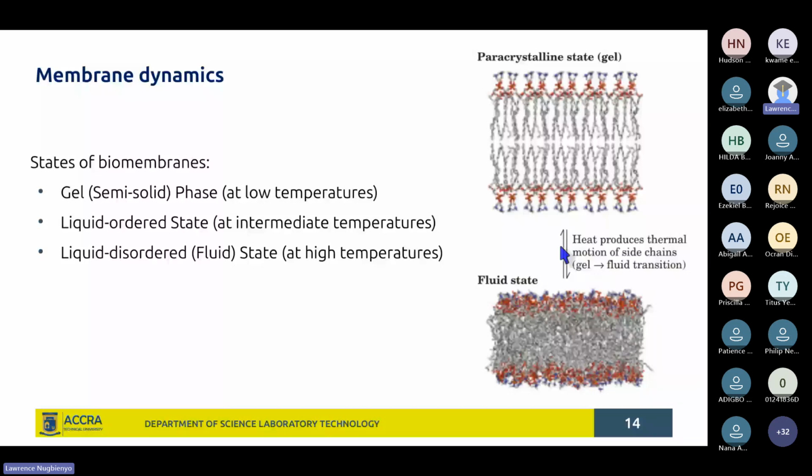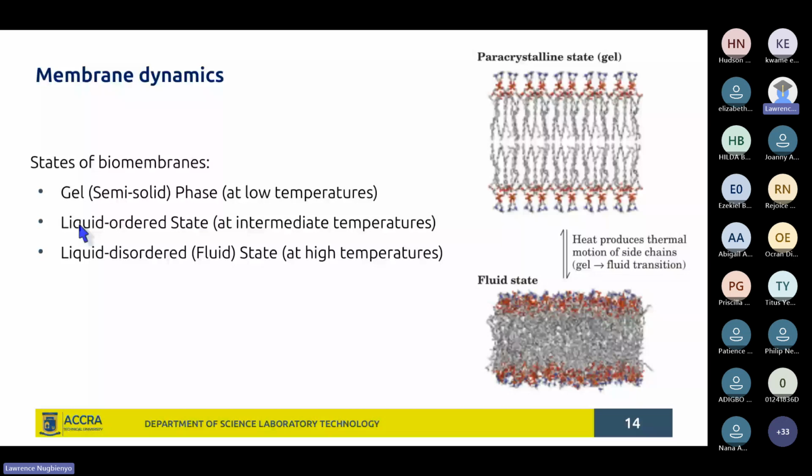So you can pay attention to the fact that you can have these states of biomembranes. The gel or the semi-solid state. You can have the liquid ordered state, which is intermediate with temperature. So let's say just about that transition temperature, the Tm, which we saw on that chart. You'll be having this. It's fluid. That's okay.